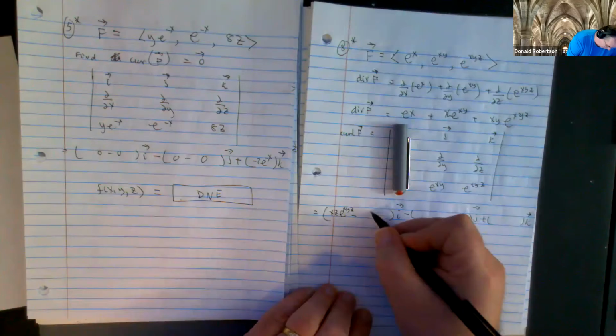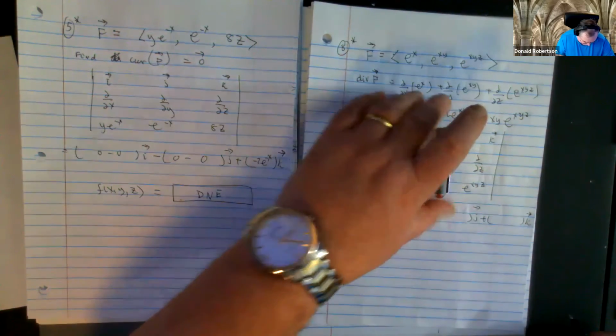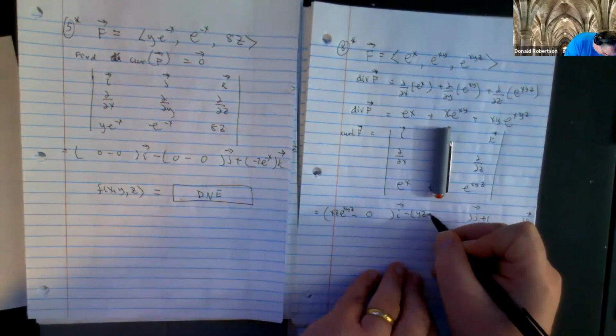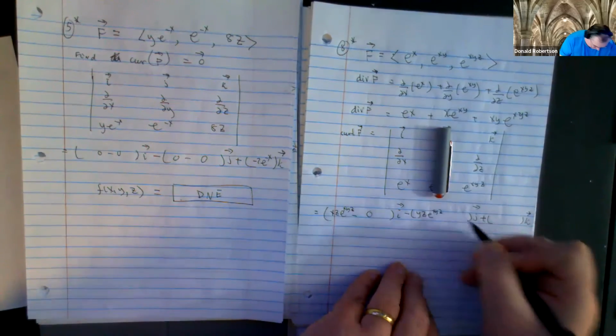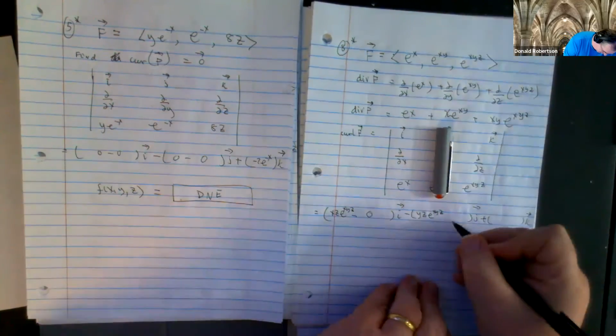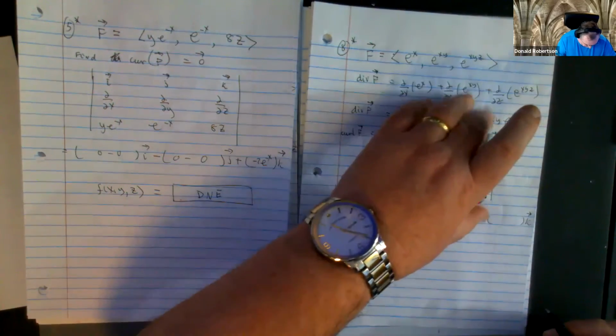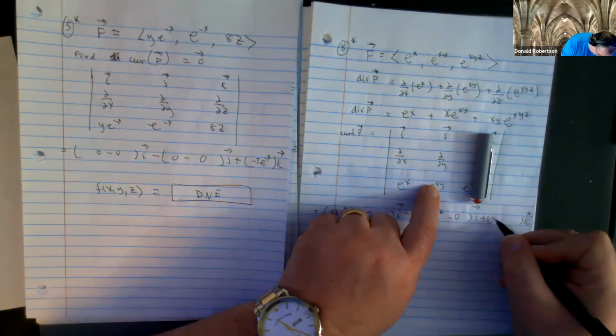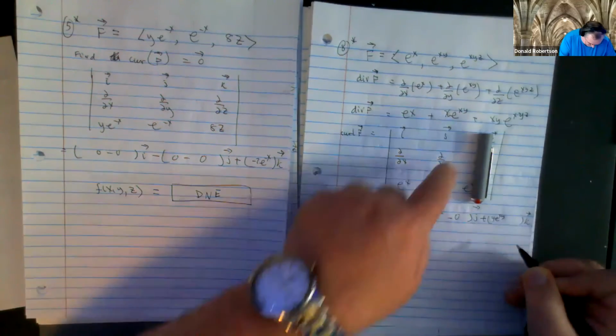Take away nothing. You do this one, you will get yz e to the xyz. Take away nothing. If you do the last one, you will get y e to the xy. Take away nothing.